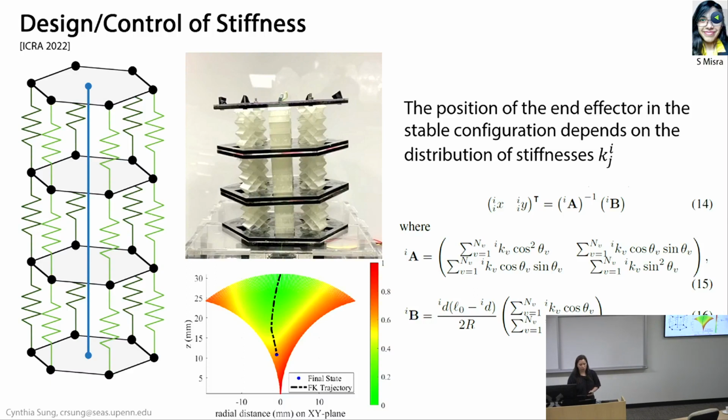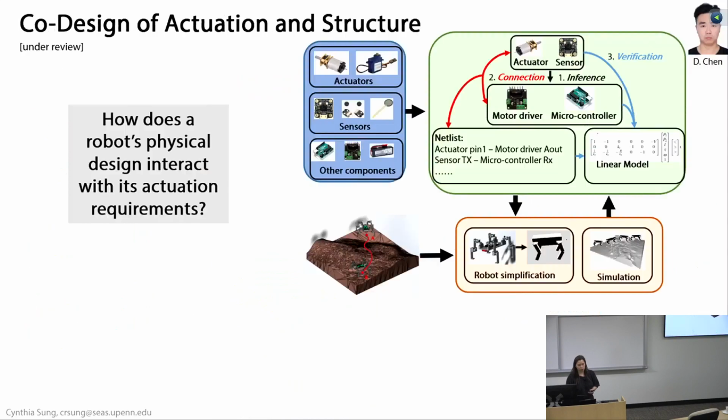We're also interested in thinking about the relationship between the structure and the electronics and actuation. And so one of my students, Dongsheng, has been thinking about, well, when we have these designs, I haven't told you anything at all yet about what are the actuators or the sensors that go on board, but all of this stuff adds mechanical complexity, it adds weight, it changes the dynamics of the robot, right?